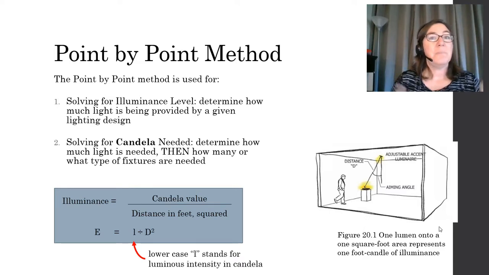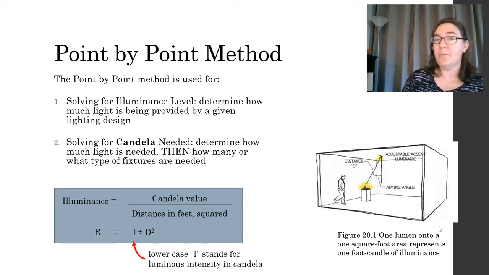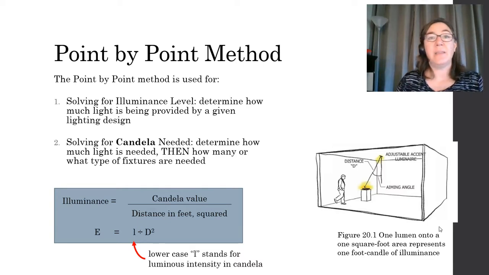In both cases, we're going to use a formula that says the illuminance is equal to the candela value divided by the distance in feet squared. And the equation looks like this: E equals I divided by d squared.